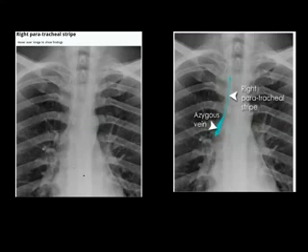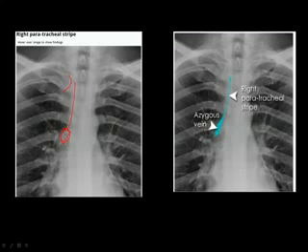There is one structure called the paratracheal stripe. What is the paratracheal stripe? It is a bit complicated, but it is formed by a fold of pleura, surrounded by air on either side. It starts from the medial end of the clavicle, goes down, and ends at the level of the azygous vein.